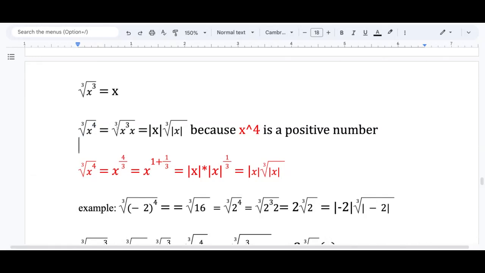We split x raised by 4 to be x cubed times x cubed, and the cubic root cancels one of them. So we have absolute value of x and cubic root of absolute value of x. Why is this? It's all because this is power 4. This power 4 will change x raised by 4 to be a positive number.